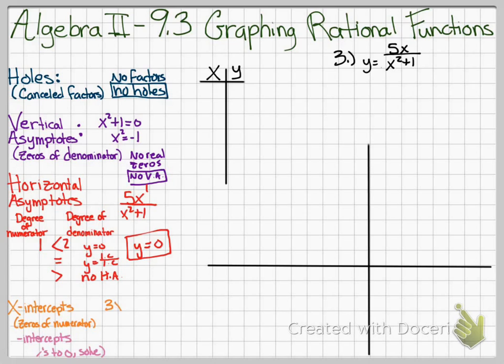All right, we can still look for our x-intercepts because that's just setting the numerator to 0. So we take 5x and set it equal to 0, which gives us that x equals 0, which gives us 0, 0 as our x-intercept. Because again, the y-coordinate of the x-intercept will always be 0, and we just found that x is also 0.